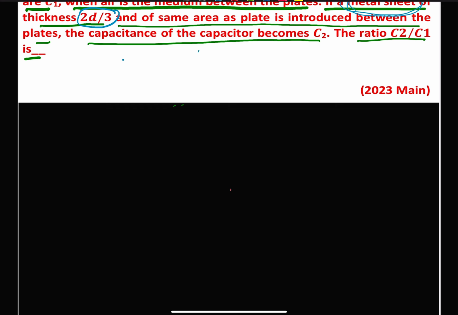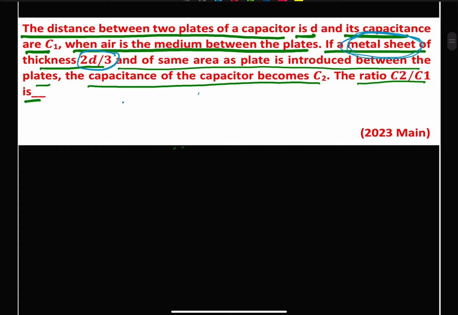Okay, so we are given that initially we have a basic capacitor. Its capacitance is given as C1, with a dielectric medium, D is the distance between the plates, and A is the area of the plates.